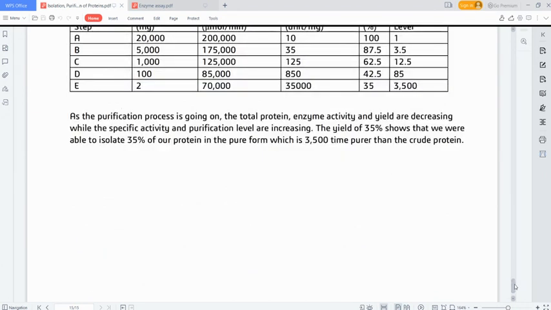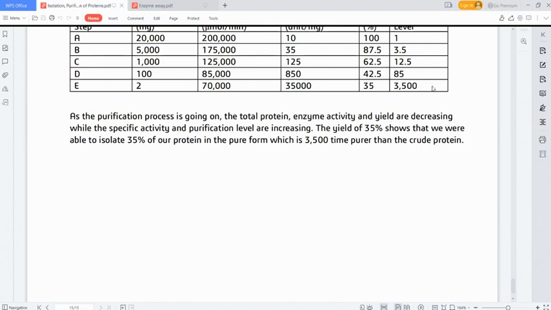As the purification process goes on, the total protein, enzyme activity, and yield are decreasing, while the specific activity and purification level are increasing. The 35% yield shows that they were able to isolate 35% of our protein in pure form.